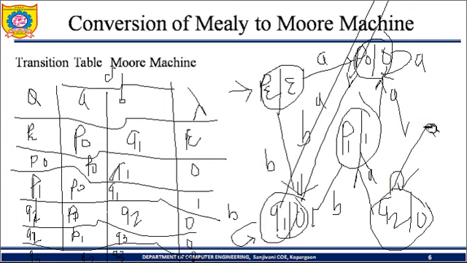And Q3 is nothing but a 0 output state. And Q3 after receiving A as well as B will stay in the same state. So this is nothing but the transition diagram for the Moore machine for the given Mealy machine.